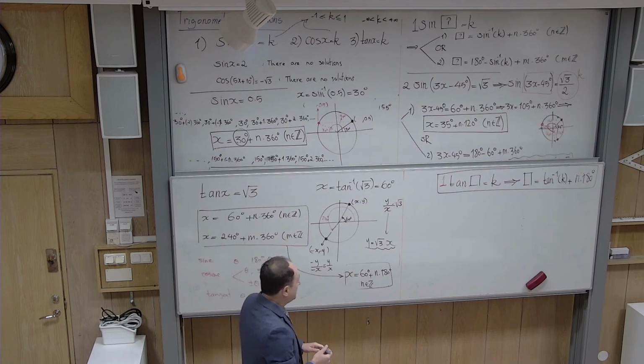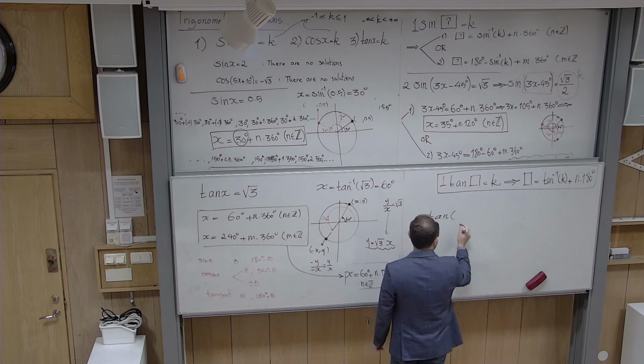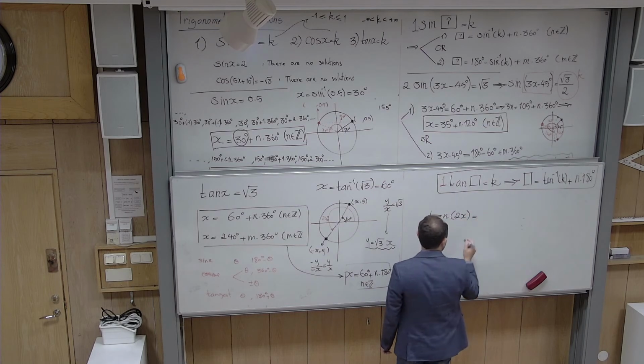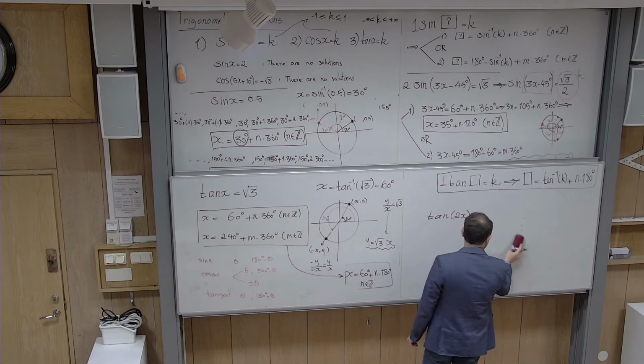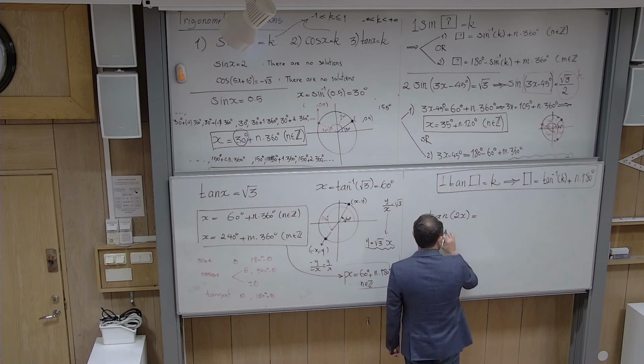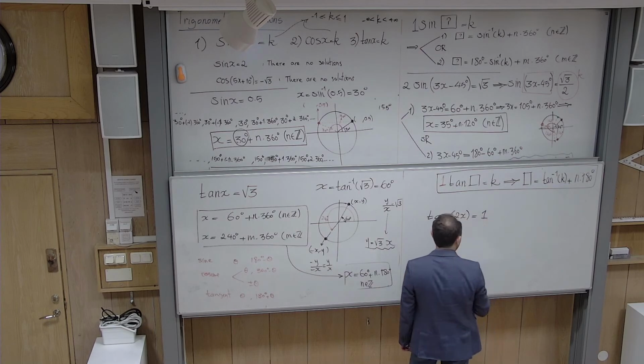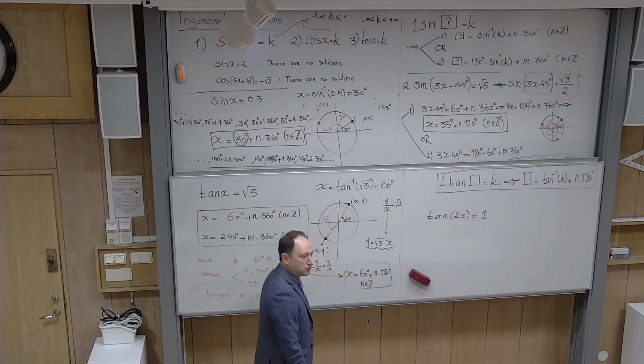I can give you an example and then we are done. So for example, tangent of 2x is equal to, say, let me write 1, for example. We want to solve this.